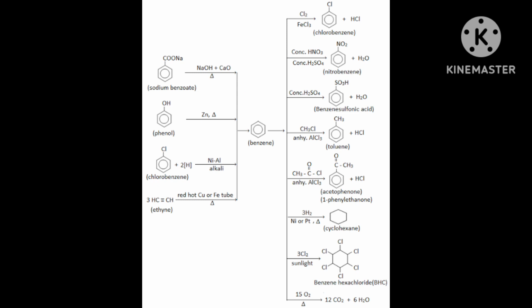As for example, nitration is an electrophilic substitution reaction. Substitution means, you understand, the same charge can repel the same charge. If a positive charge is going, as for example H plus is going, then in its place another positive group may join. This is important, substitution. If H plus is going, then another group having positive charge will join in the place of H plus. That is called substitution.